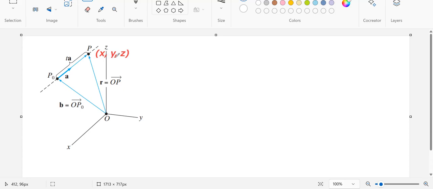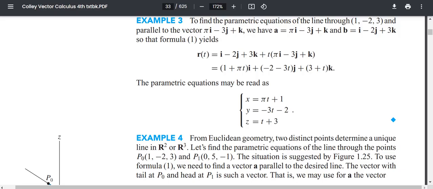And then these are the multipliers of the corresponding ijk way of viewing this. So we get xi, yj, and zk, and that's what we have here.